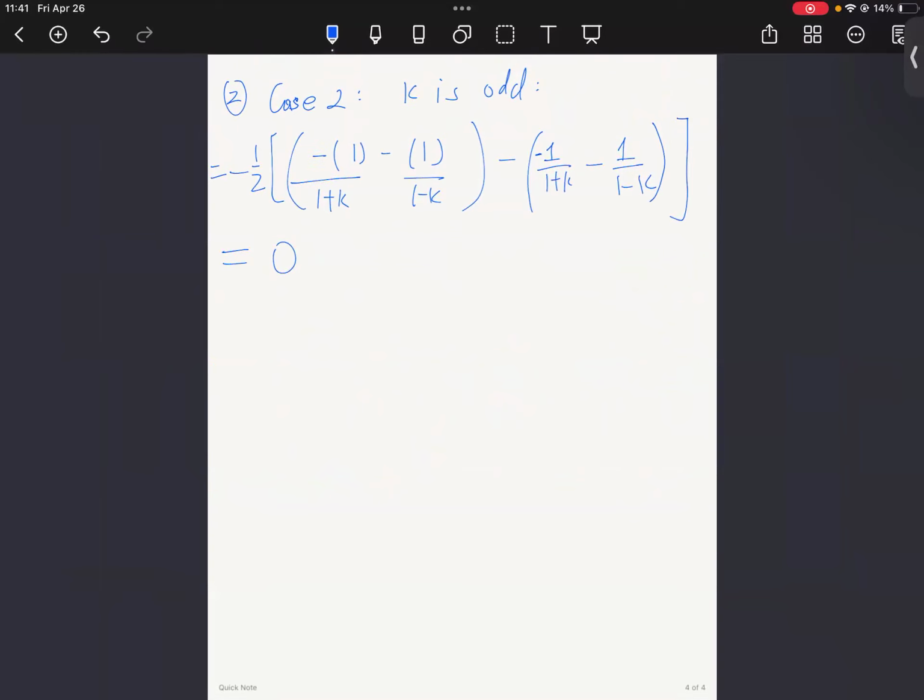So this is the Clenshaw-Curtis quadrature, and it's used to approximate the integral on -1 to 1 of f(x) dx.